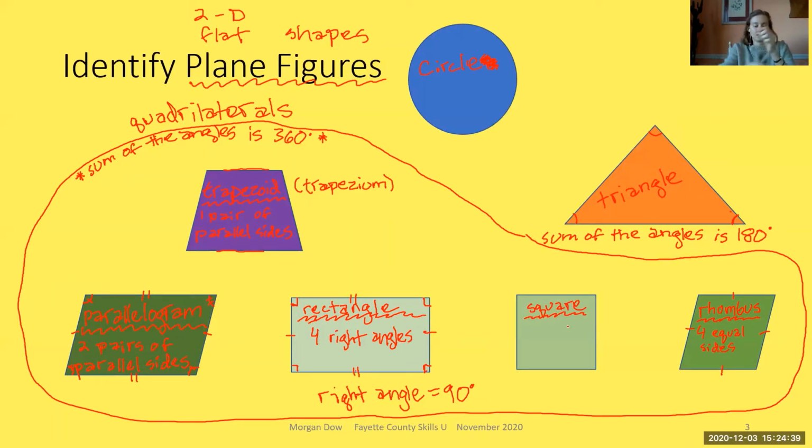So the thing that makes a square is that it's a quadrilateral, it's a parallelogram, and it has 4 equal sides and 4 equal angles, so 4 right angles. So 4 equal sides, and it has 4 right angles.